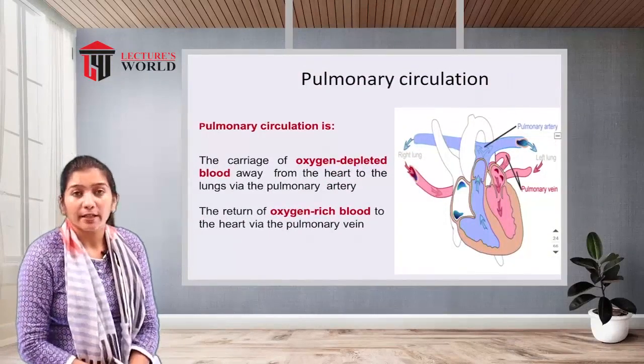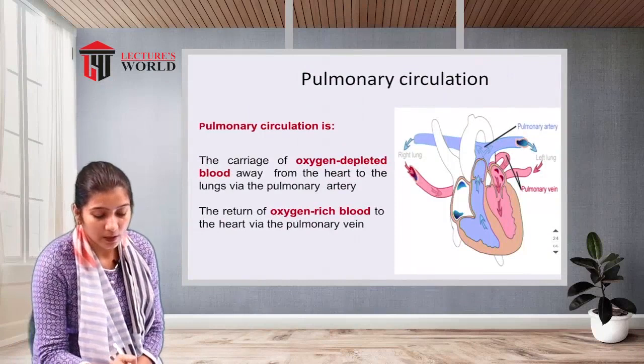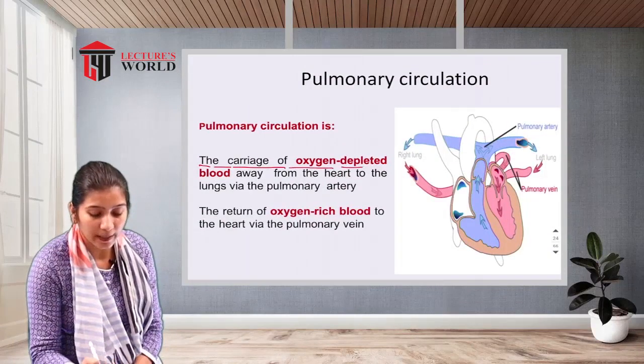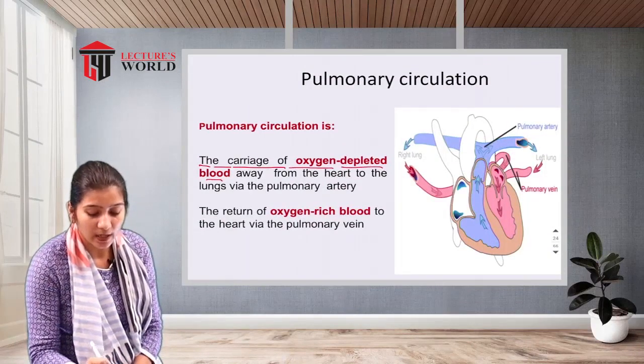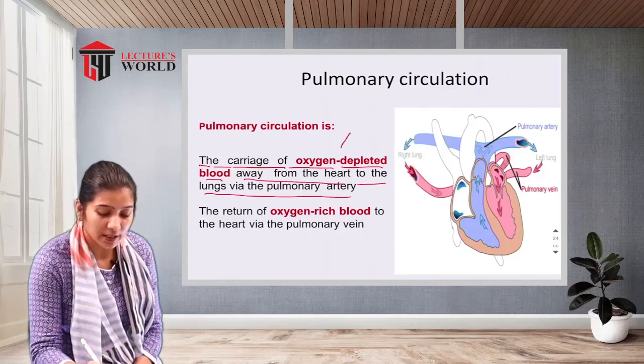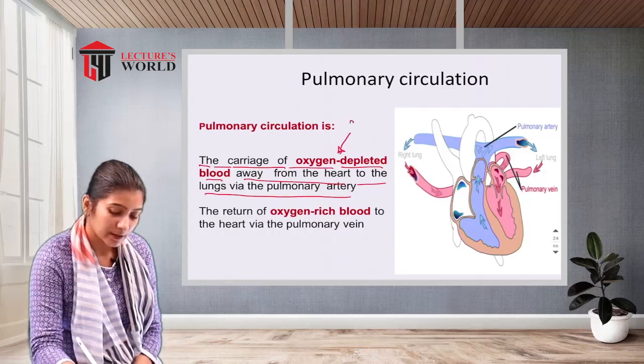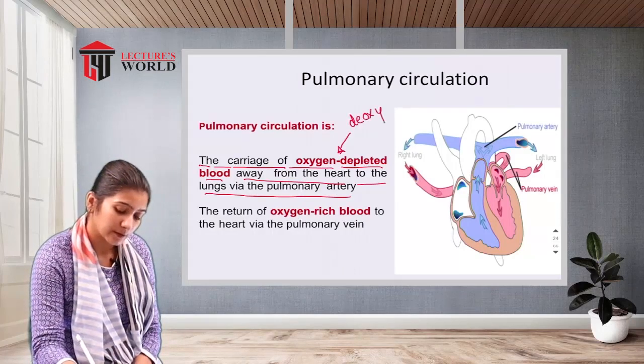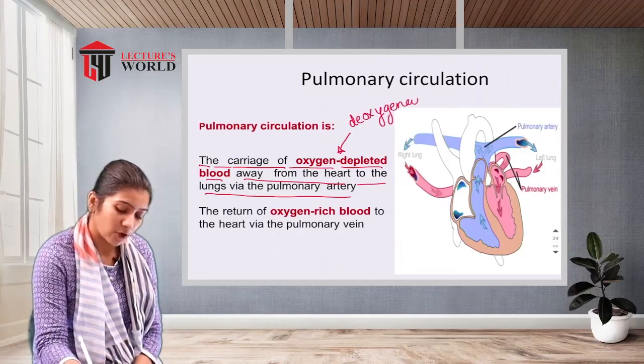So the pulmonary circulation: the carriage of oxygen depleted blood away from the heart to the lungs via the pulmonary artery. Oxygen depleted blood, that is deoxygenated blood.